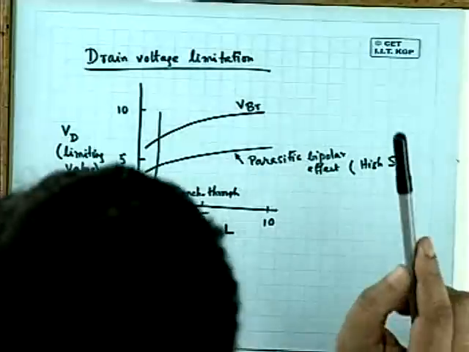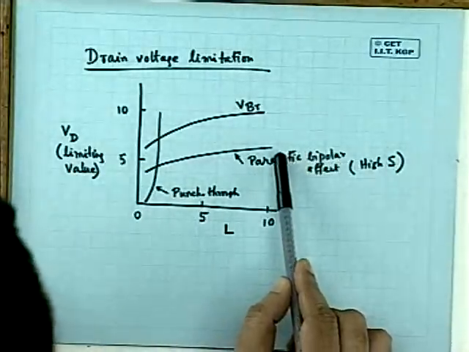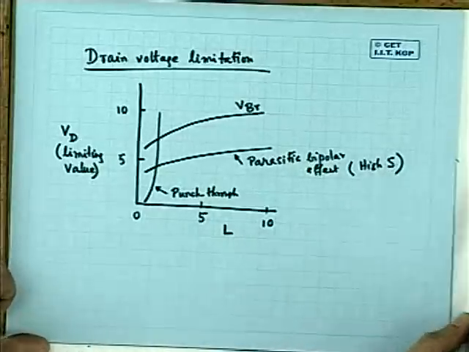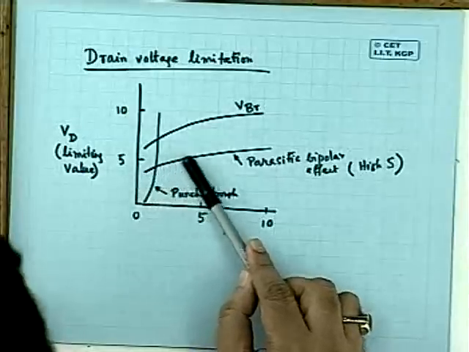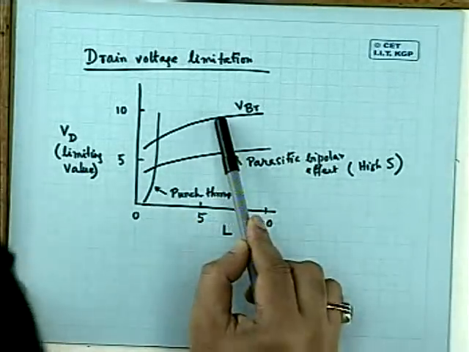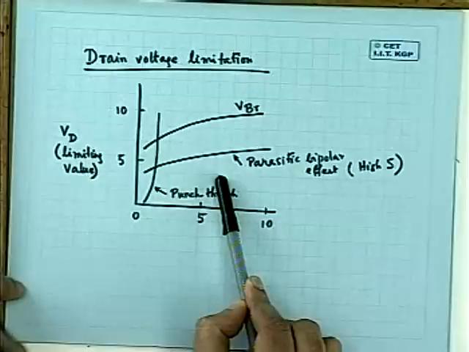This is one thing. Second thing is, as you reduce L, it is found that the subthreshold slope, due to the channel length modulation effect, increases very highly, meaning the subthreshold current becomes too high to be acceptable. So there is a limit imposed by that. You should be below this, and you should be below this also.